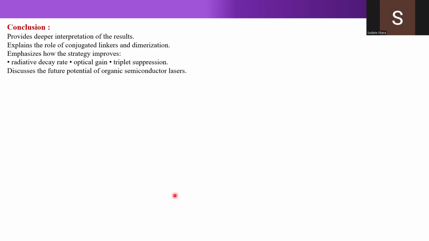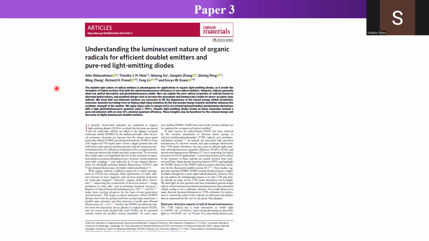But the conclusion provides a deeper interpretation of these results, and explains how the conjugated linker and dimerization influence and enhance the optical properties like radiative decay rate, optical gain, and triplet suppression, and discusses the future potential of organic semiconductor lasers, that is the future scope.